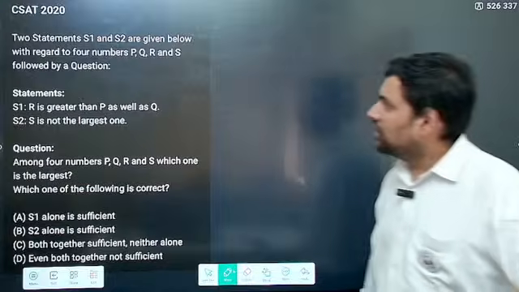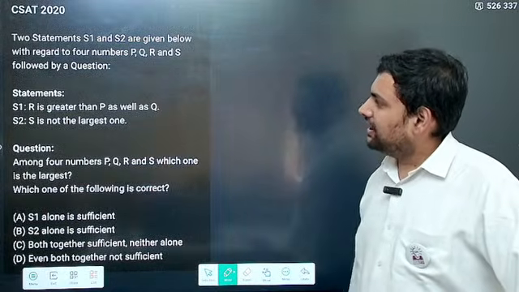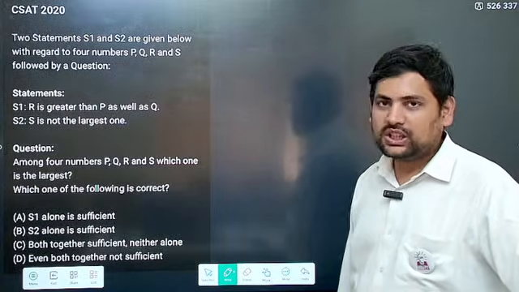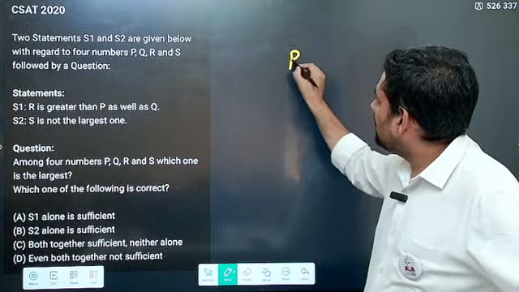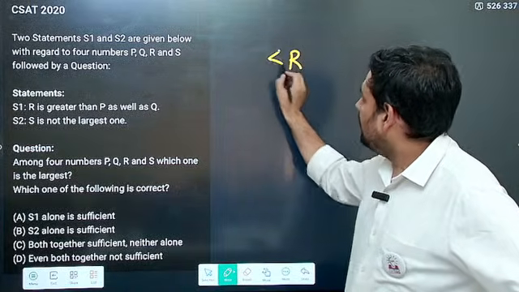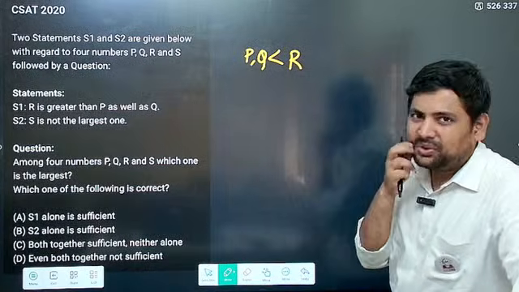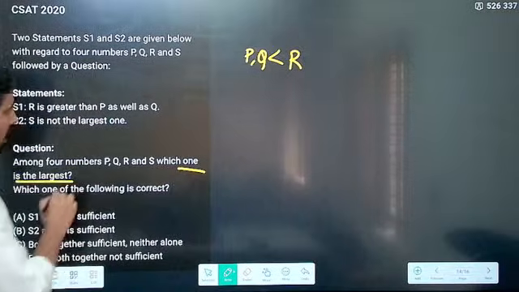Next thing is this. Two statements S1 and S2 are given. First is R is greater than P as well as Q. But I don't know the relation between P and Q. Now it is asking you which one is the largest.